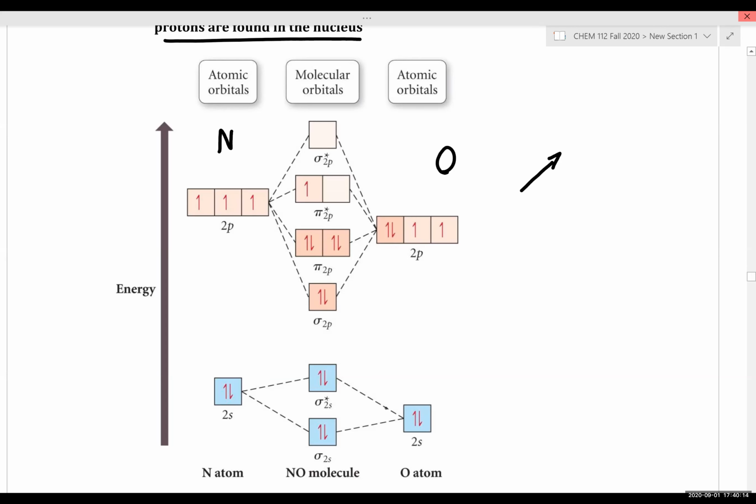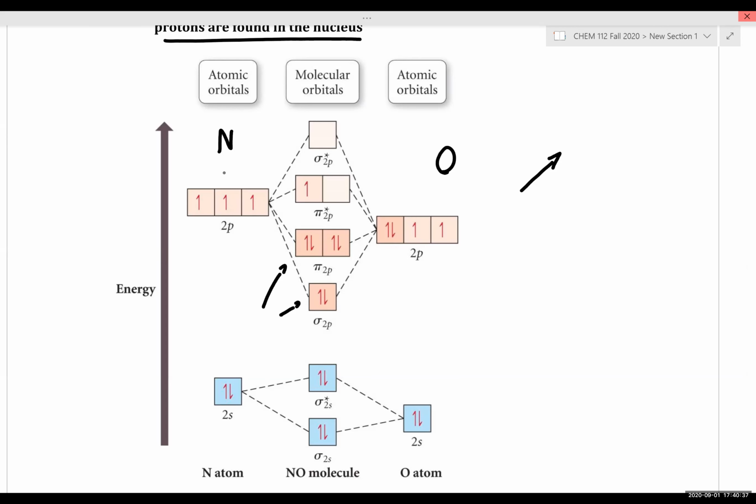This in turn impacts the energy of our bonding and antibonding orbitals, and it directly influences the relative arrangement of our sigma and pi bonding orbitals in our molecular orbital picture.